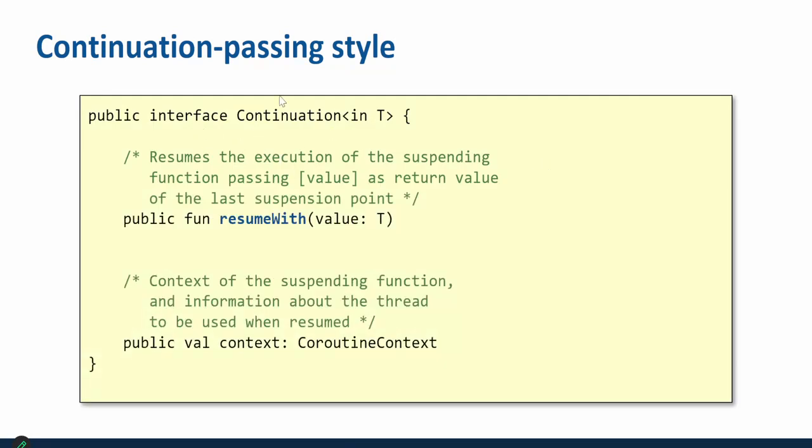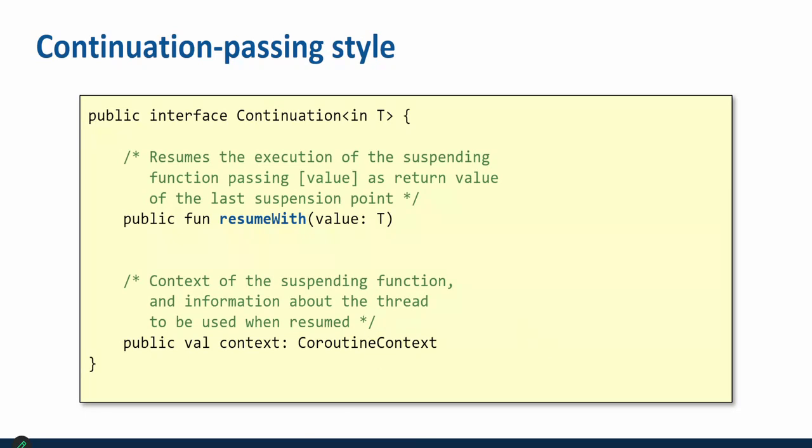Let's see how this continuation interface is implemented. You have a resume method, with which you operate the state transition, and you also need to preserve the coroutine context. That is essential, for instance, if you think about withContext.